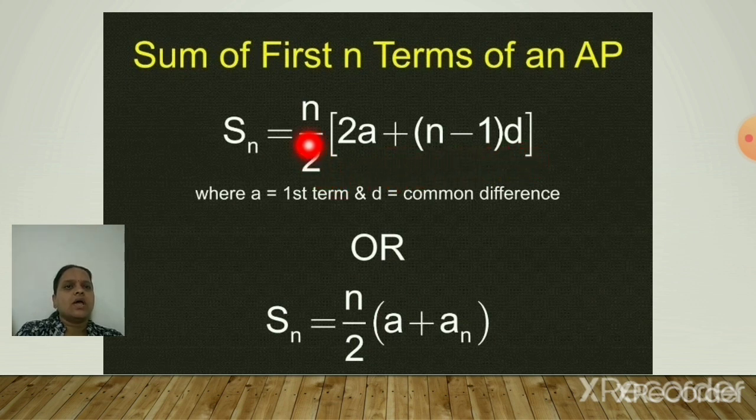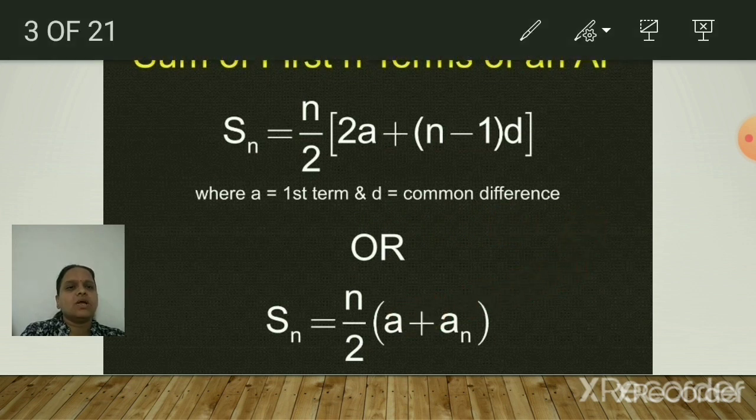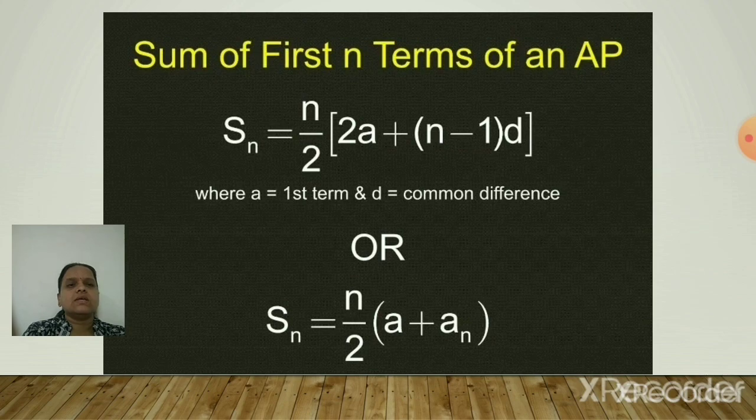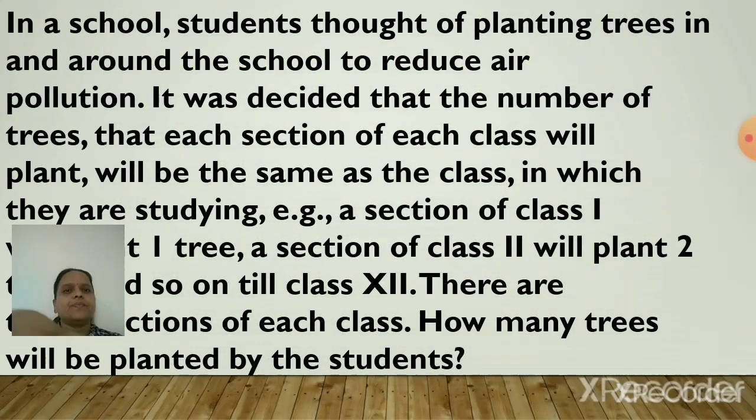So n is the number of terms into 2a plus n minus 1 into d, where a is the first term, d is the common difference. There is a second formula also, that is Sn equal to n by 2 in the bracket a plus an. Is it correct? Yes. So let us continue with the word problem now.